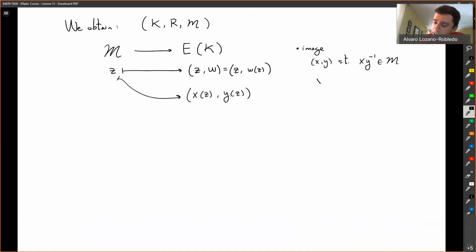That's because remember that X is Z over W, and Y is minus 1 over W, so X over Y is precisely minus Z, which is in the maximal ideal. Okay, so we get those points, and in fact, this map is also injective.